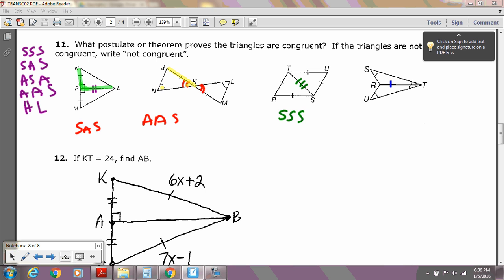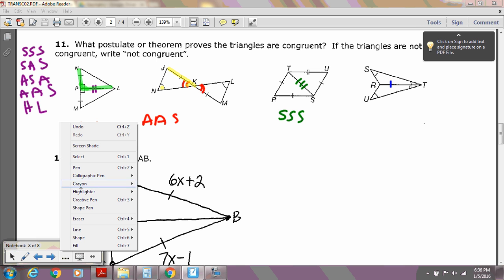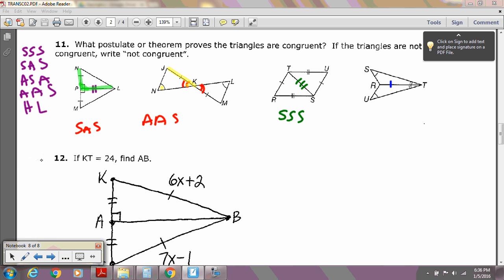And looking at the triangles in isolation, if I look at SRT, I have angle S. The side between is not marked, but then I have the side across from it marked, and then I have this angle next to that. So it can be read as side, angle, nope, it's none of them.